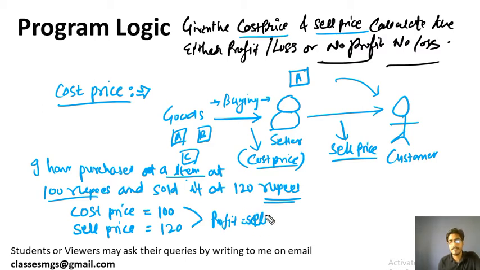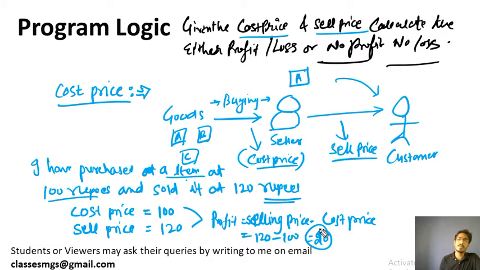Profit is selling price minus cost price, that is 120 minus 100, which is 20 rupees. So I have earned 20 rupees profit if I purchase the item at 100 rupees and sell it at 120 rupees.